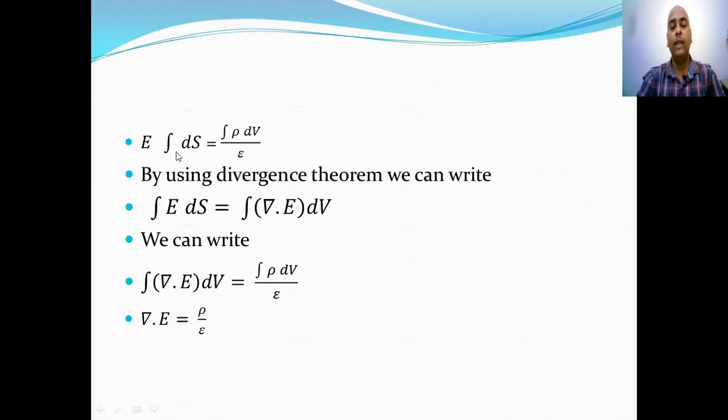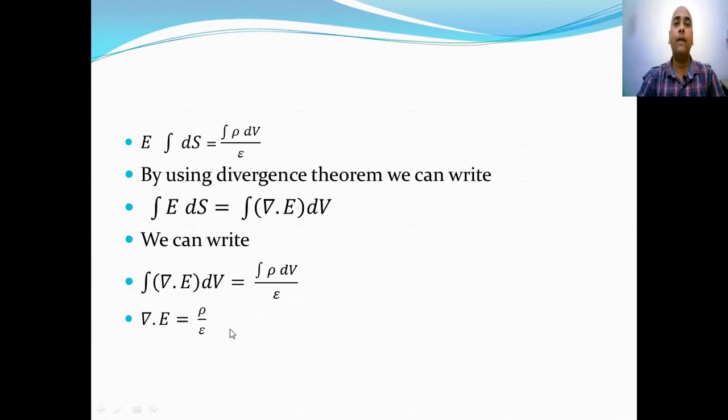So by equating these two terms, that is, integration of del dot E over volume dv is equal to integration of rho dv divided by epsilon naught. From here we can conclude that divergence of E is equal to rho by epsilon naught.